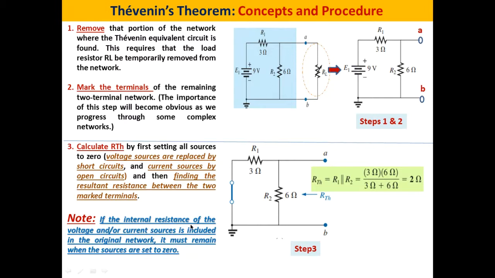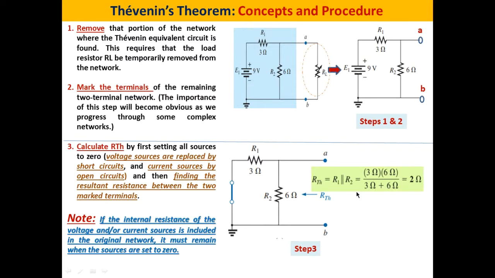If the internal resistance of the voltage and or current source is included in the original network, it must remain when the sources are set to 0. So here there is no internal resistance. That's why we have only one ideal source here, and we replace it just by a short circuit.